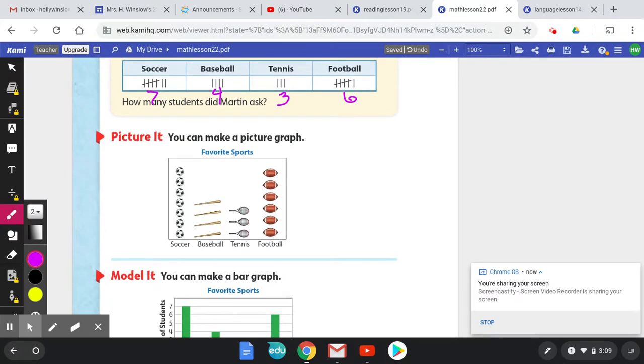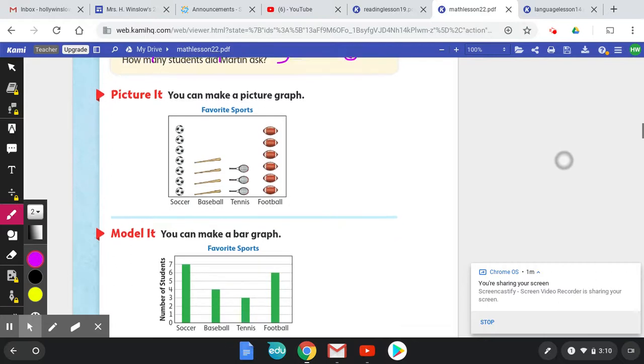They make a picture graph based off of your tally marks. So they drew soccer balls, 4 baseball bats for baseball, 3 tennis rackets for tennis, and then 6 footballs for the football.